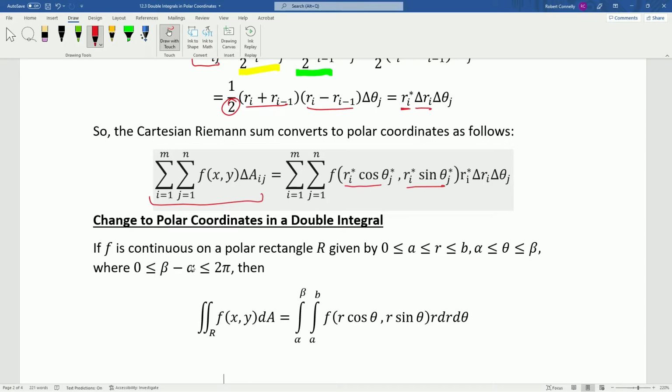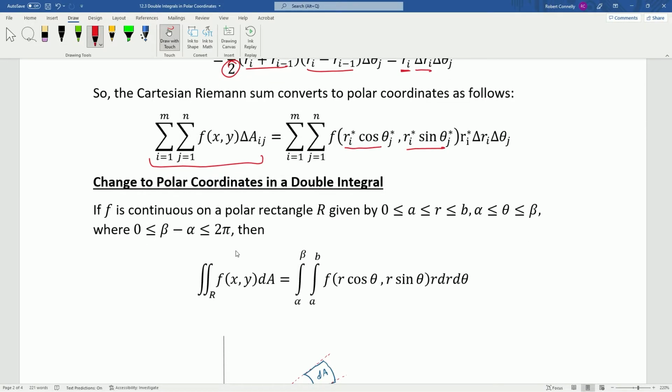So if f is continuous on a polar rectangle R, given by r being positive and between a and b, and theta being between alpha and beta, where beta minus alpha is between 0 and 2 pi, that just means the total angle you're rotating through is less than 2 pi. Then your double integral over R of f of x y dA equals the integral from alpha to beta of the integral from a to b of f of r cosine theta, r sine theta, times r dr d theta.